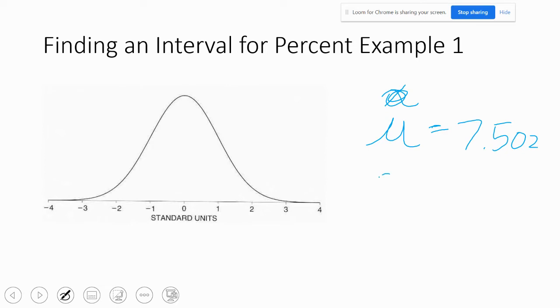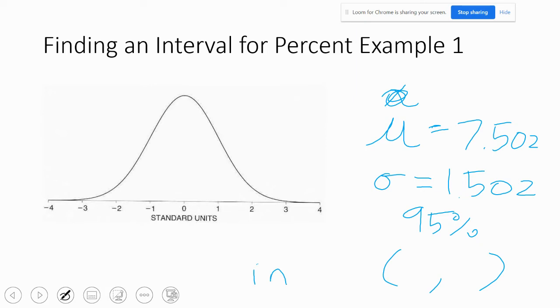Standard deviation is 1.5 ounces in each direction. And they want us to find the interval for 95%. So the interval for 95%, it's always an open interval, never includes the endpoints. Now let's set it up.